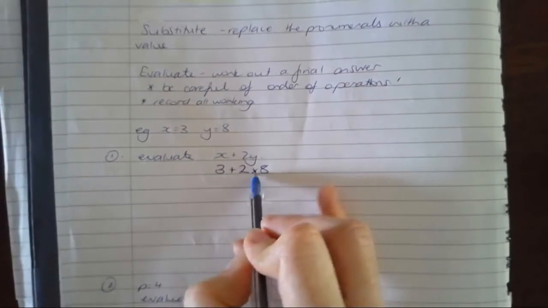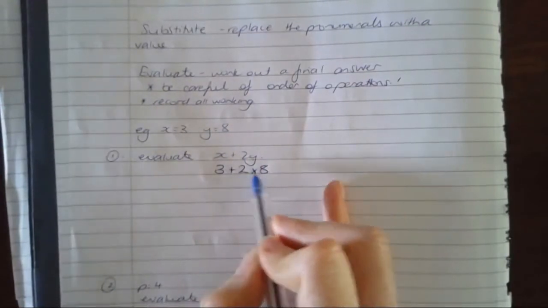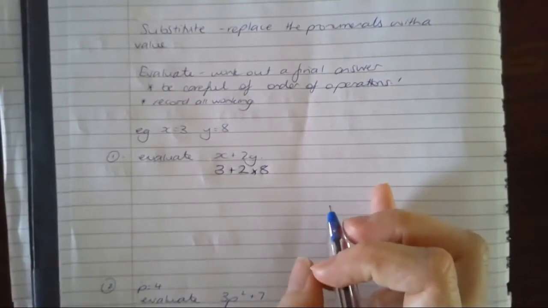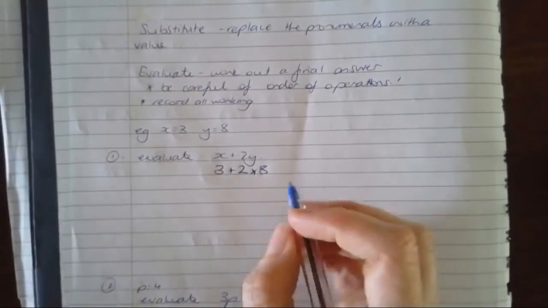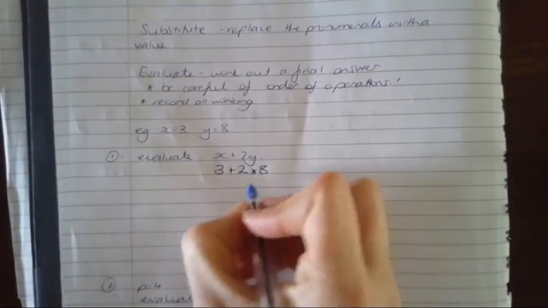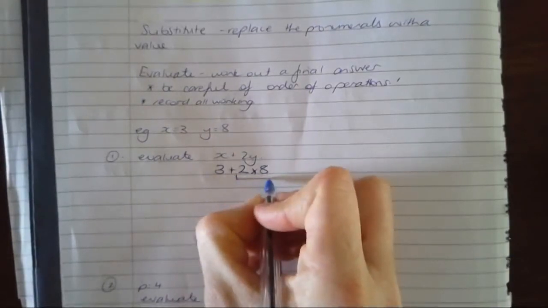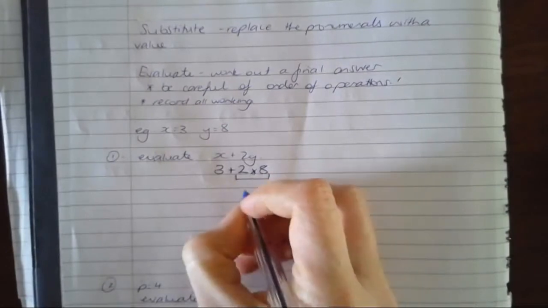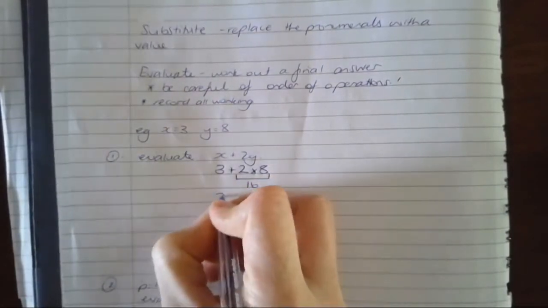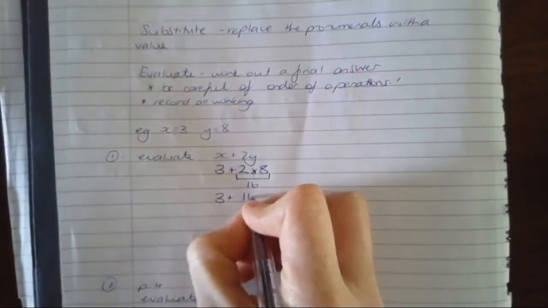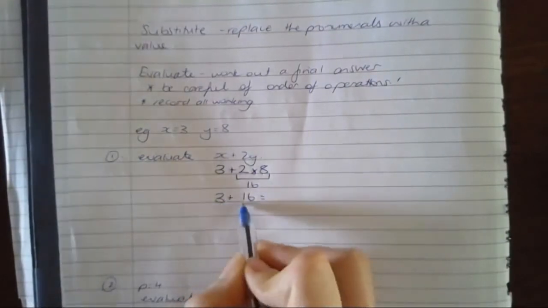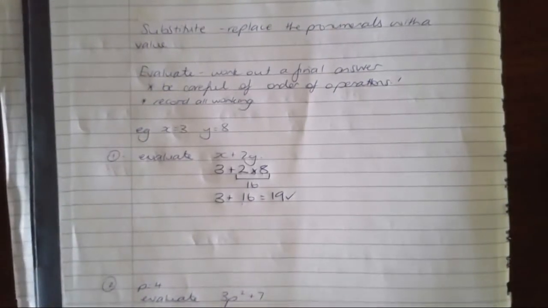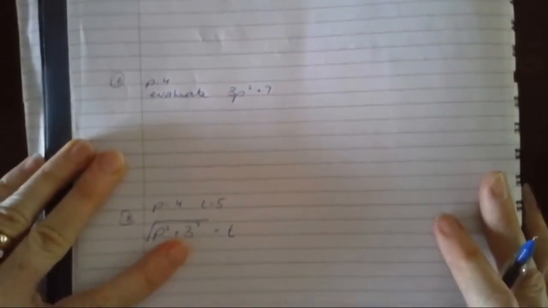Make sure you do write that times, because if you accidentally write 2 right next to an 8, you might forget that that's times and read that as 28, which would be incorrect. Now we evaluate it by using our order of operations. So our times goes first. 2 times 8, 16. Rewrite your expression. 3 plus 16, 19. Final answer.